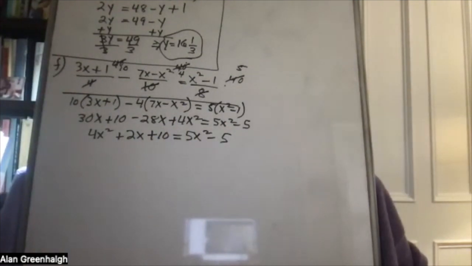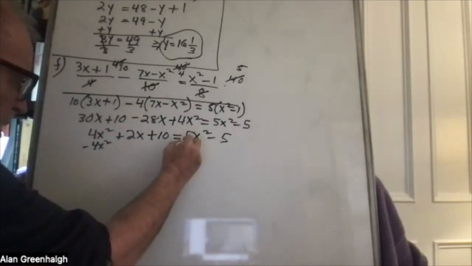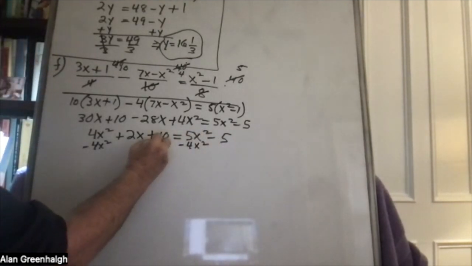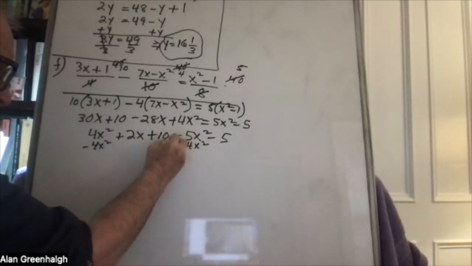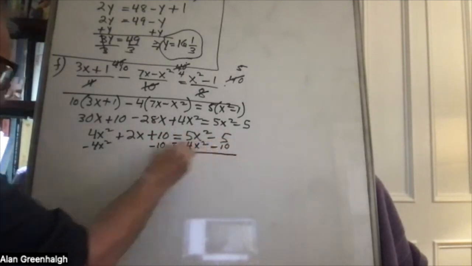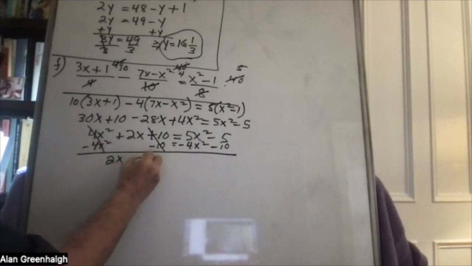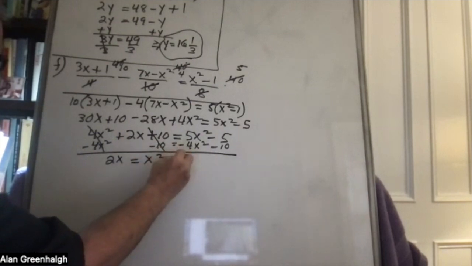Okay, now what do you want to do now? Let's bring this over here. I know I like to usually bring things to the left, and really it doesn't matter, but negative 4x squared, and let's make this negative 10 and negative 10. And what we wind up with is 2x equals x squared minus 15.